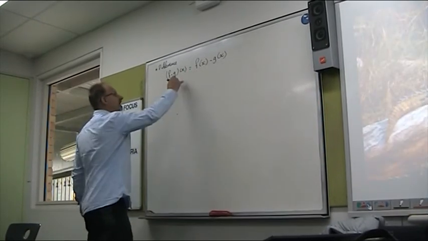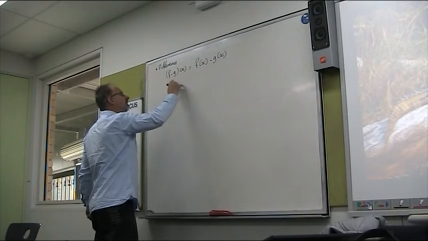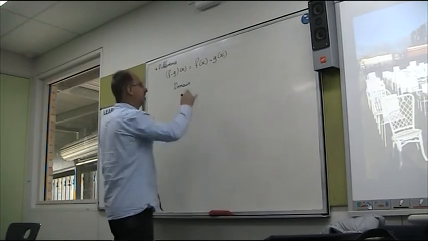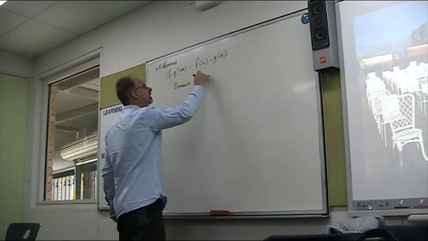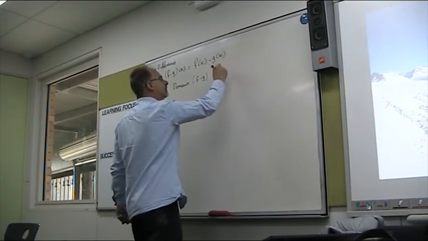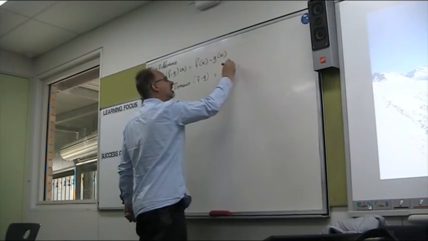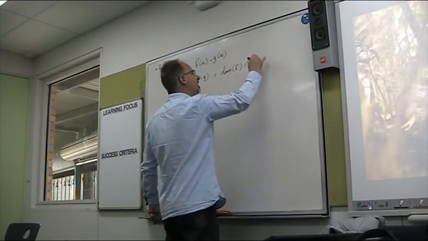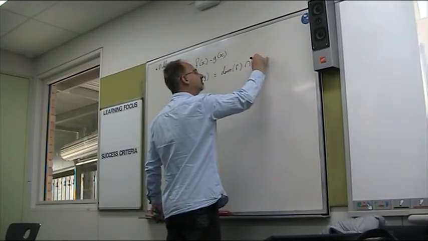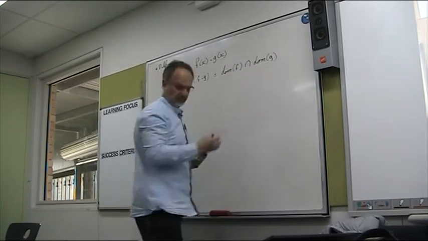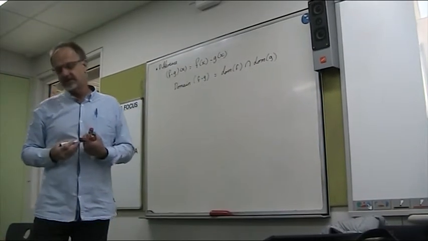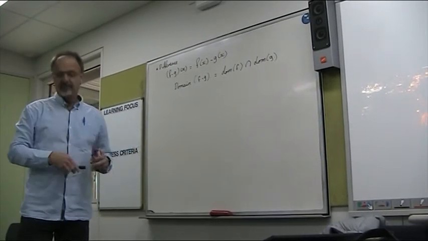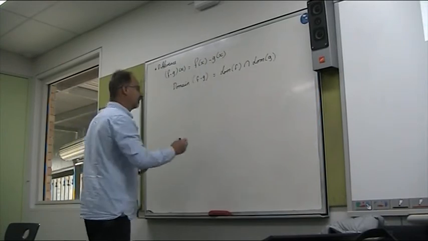And again, for the same reasons that I've described before, the domain of f minus g has to be where the two domains overlap, but you have to have something to subtract from the other one. So if one of them doesn't exist in that spot, then it's a bit hard to subtract.